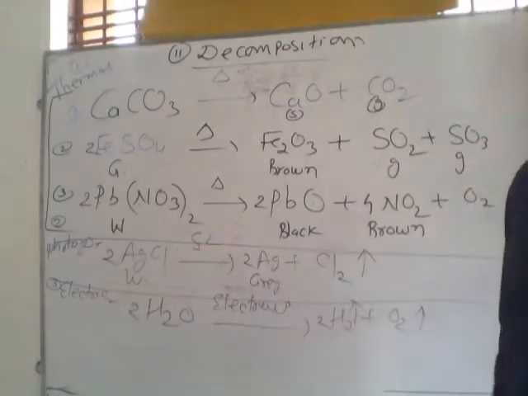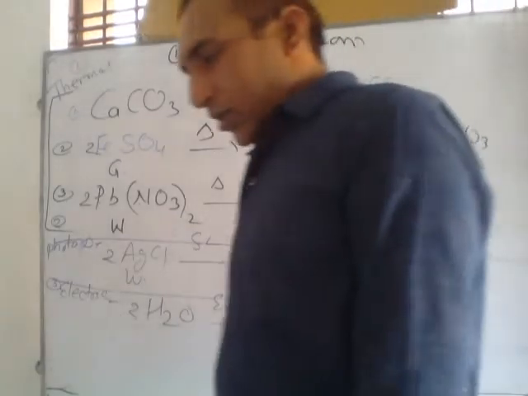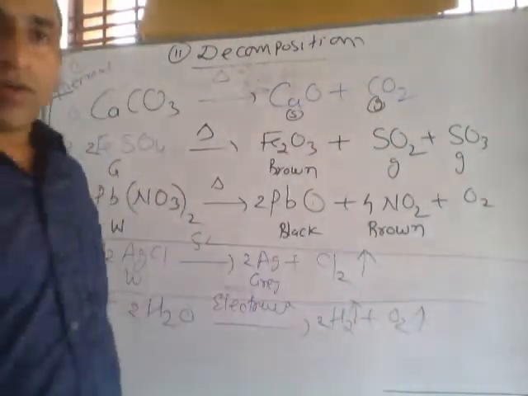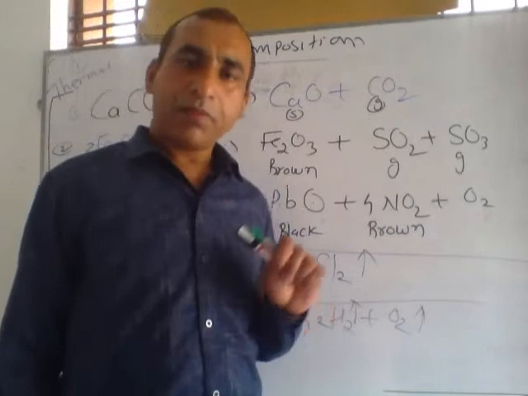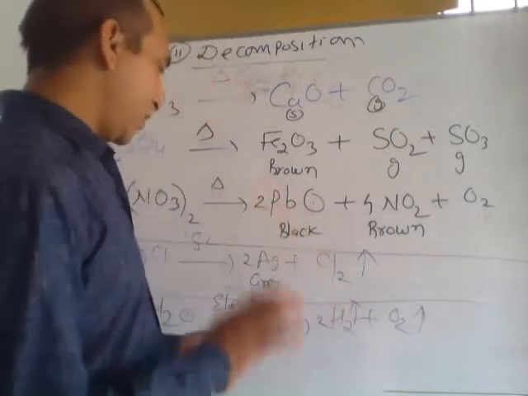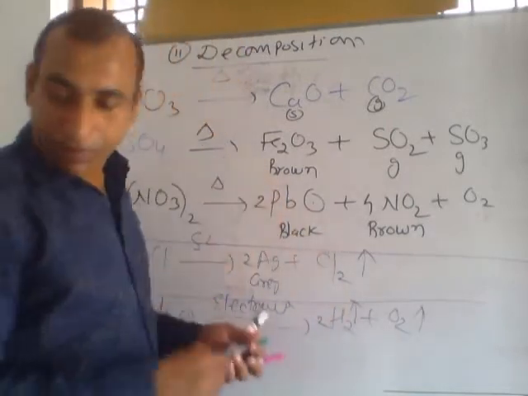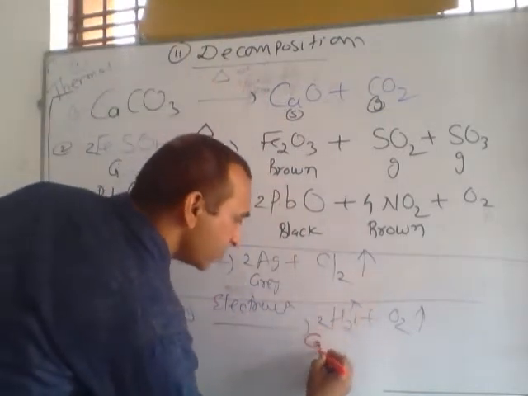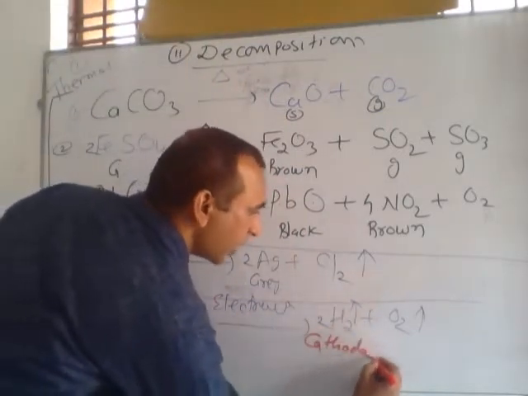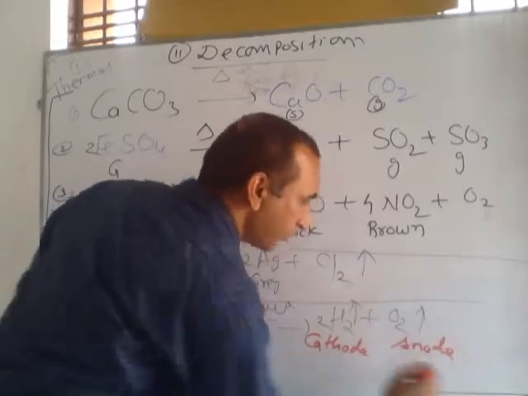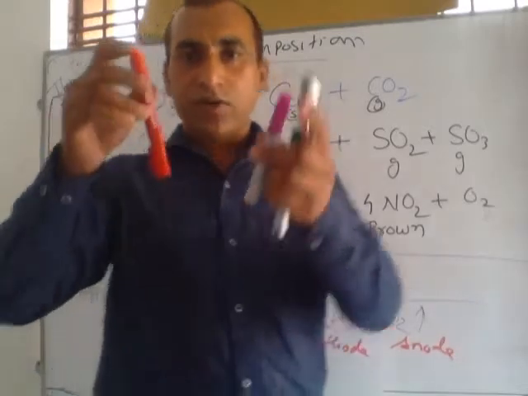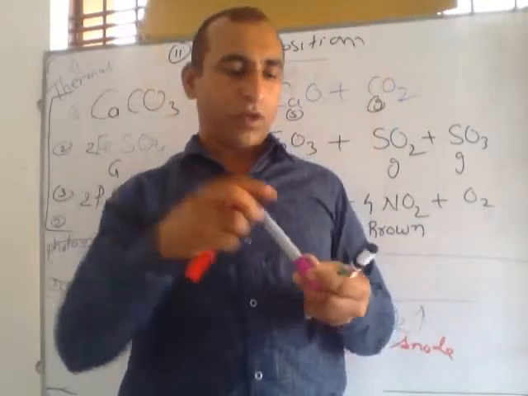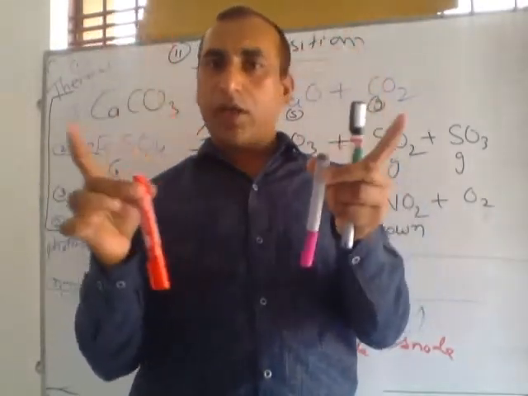In the last lecture, generally they ask which gas is liberated on which electrode if we pass current in water. Observe and remember, hydrogen is liberated on the cathode, oxygen is liberated on the anode. Suppose these are two electrodes, we are dipping in water and passing current.